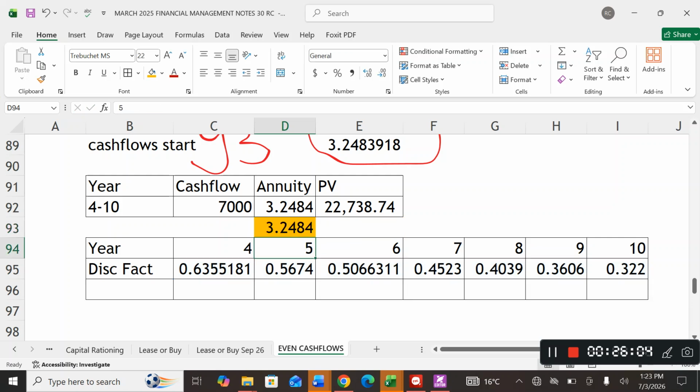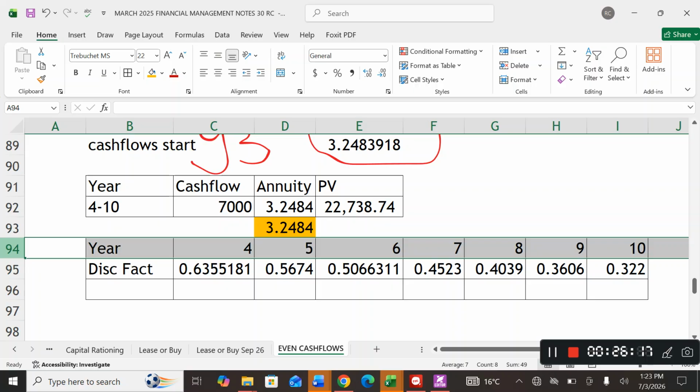So you can make use of the table where you take the annuity factor for the final year and then remove the one where your cash flows are not lying. That is what we do in terms of the annuities.